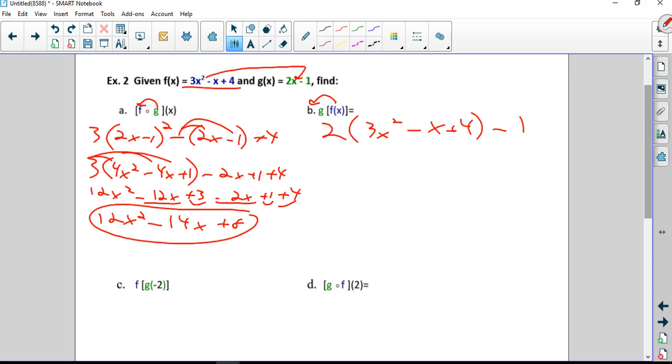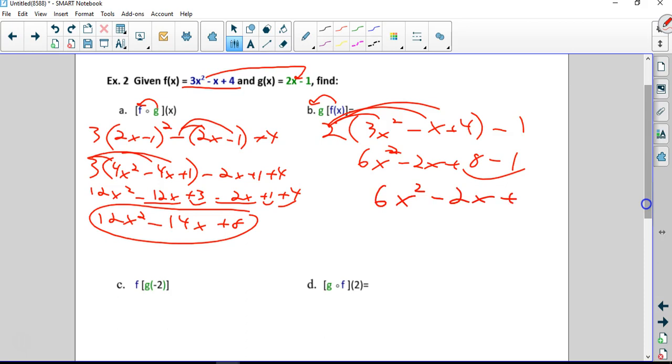So now all we do is distribute the 2 everywhere. 6x squared, minus 2x plus 8 minus 1. The only ones that we're combining are right here, 8 minus 1, 7. We get 6x squared minus 2x plus 7, and we are finished.